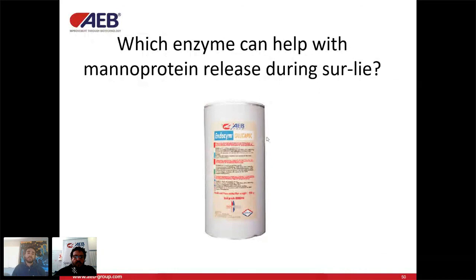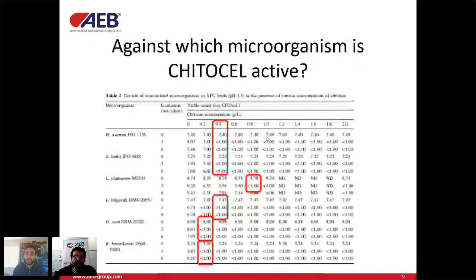In fact, compared to lysozyme, which is effective only against lactic acid bacteria, chitocell and chitosan products in general have been shown to have a broader spectrum of action, and they are effective against Brettanomyces, lactic acid bacteria, and also other spoilage yeast.